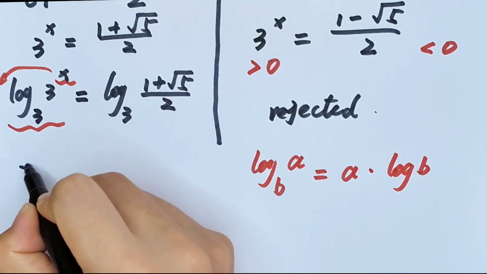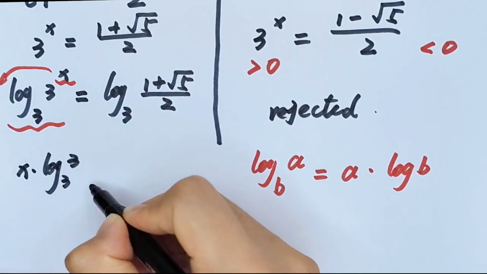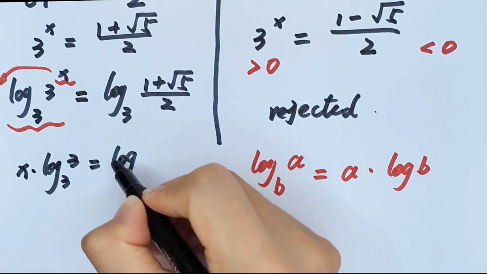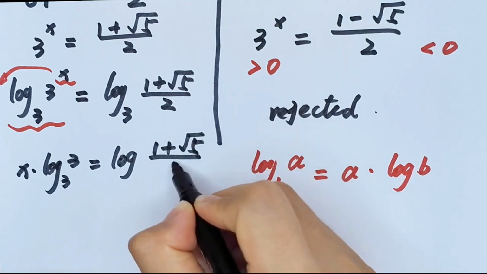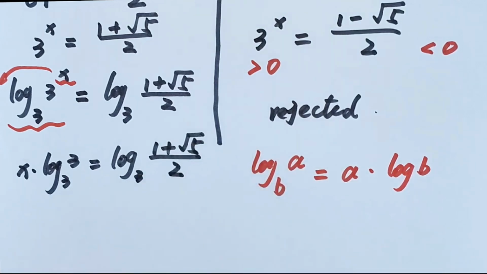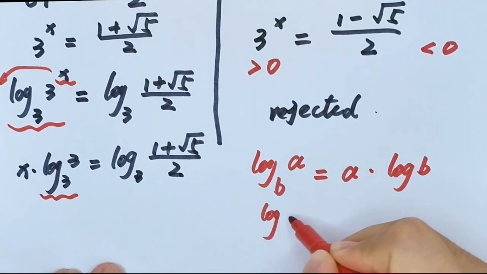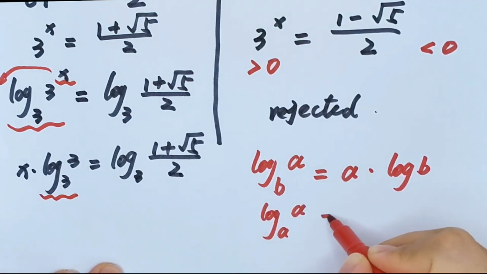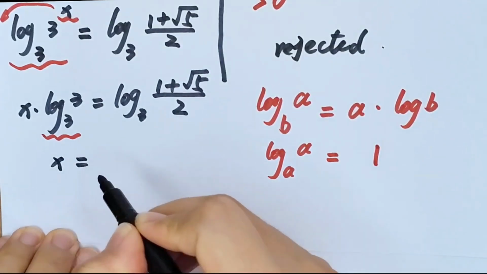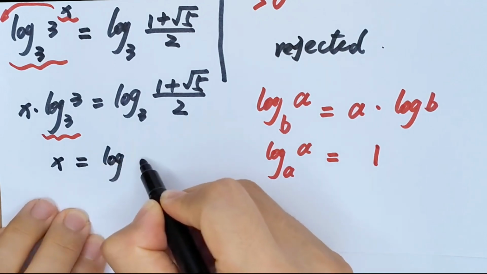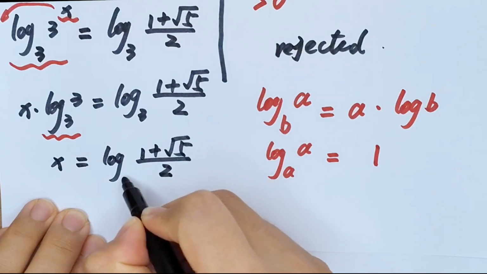So x times log 3 base 3 equals log of (1 plus square root of 5 over 2) base 3. Then we know log a base a equals 1. So here x equals log of (1 plus square root of 5 divided by 2) base 3.